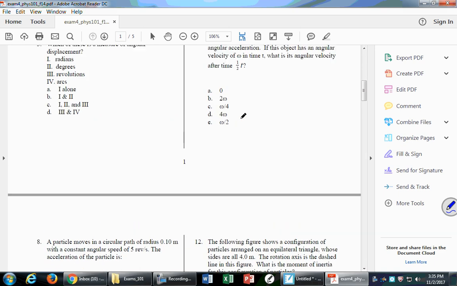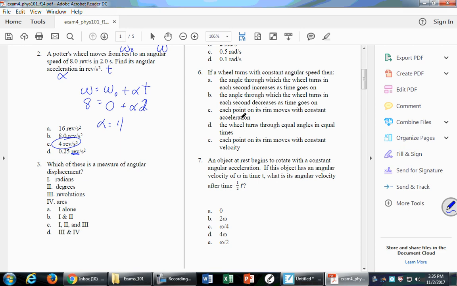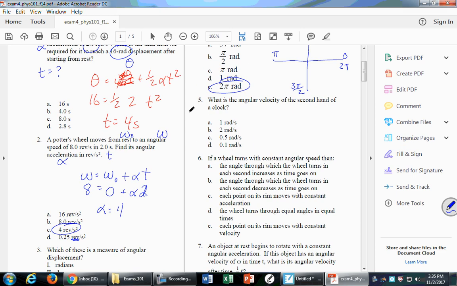Anything else? Which one? Number 5. What is the angular velocity of the second hand of a clock? Well, a clock hand goes around the full circle, which is 2 pi radians, in how many seconds does it take to go across? How many?